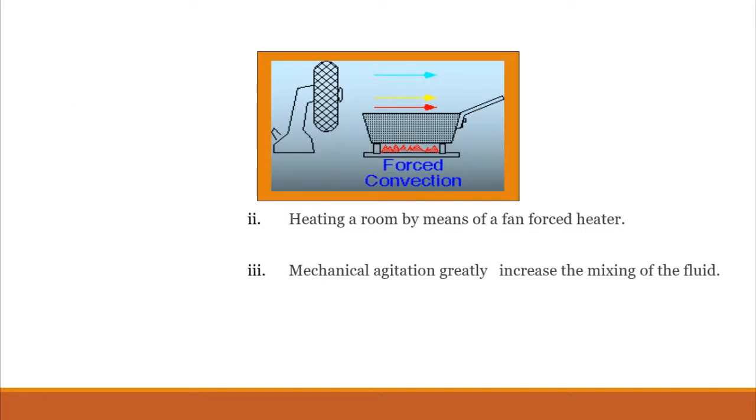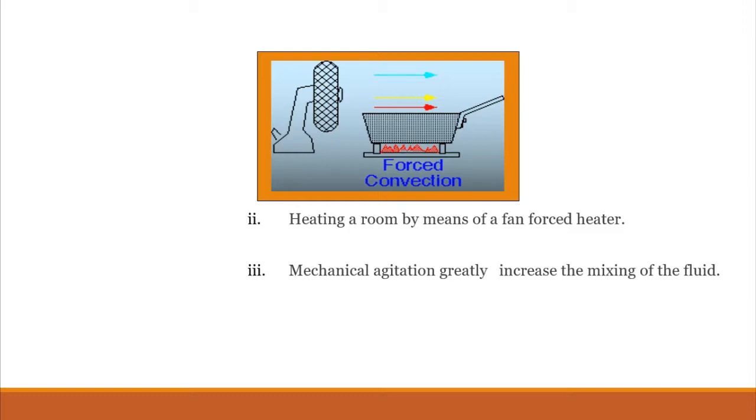There are examples of forced convection. Heating a room by means of a fan forced heater. To cool the room, we use an anti-clockwise fan to mix warm air, and the forced breeze air creates a downward flow.